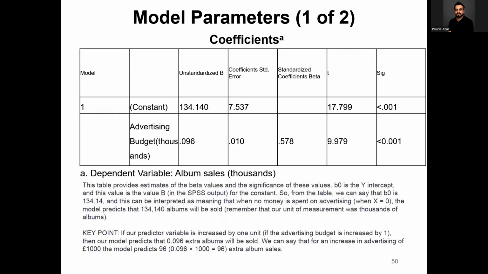And this can be interpreted as meaning that when no money is spent on advertising, which means when the X variable, the predictor variable, advertising budget, is zero, the sales is gonna be 134.14 albums.